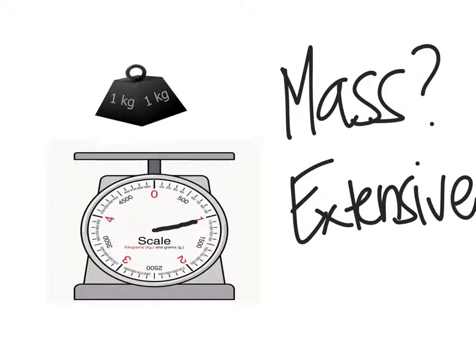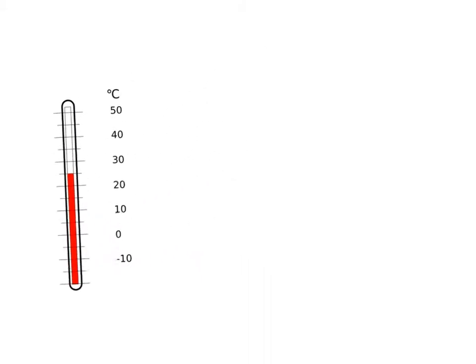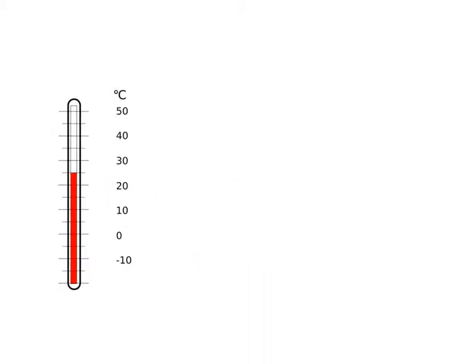How about temperature? I'm going to look for a thermometer. Okay, here's the picture of a thermometer. Is it intensive or extensive? Think and analyze. Pause. Okay, let me give you a clue with this demonstration.